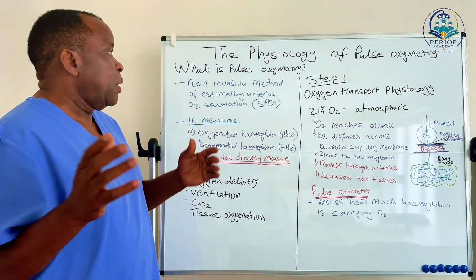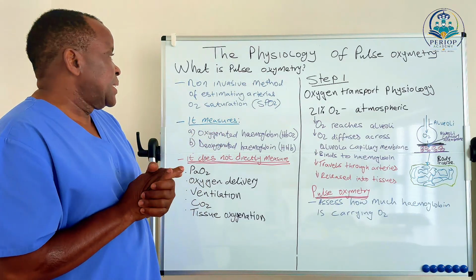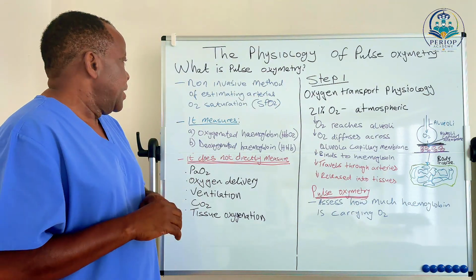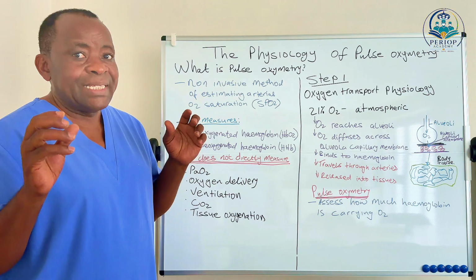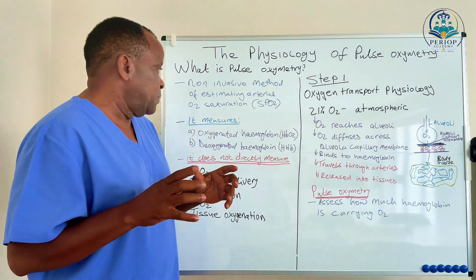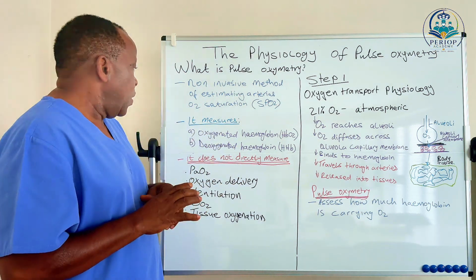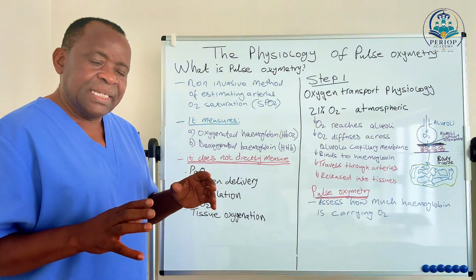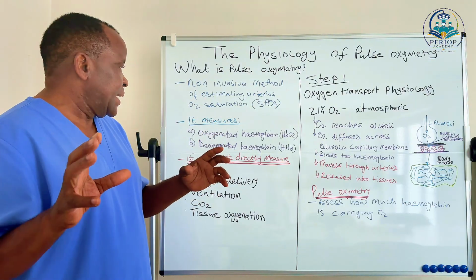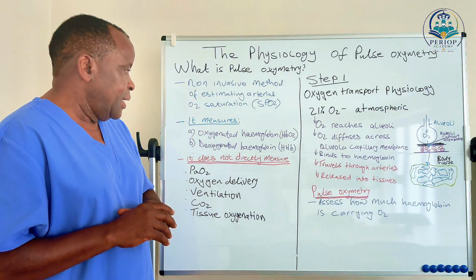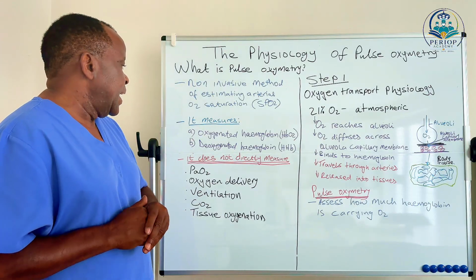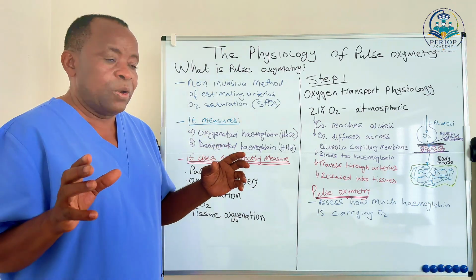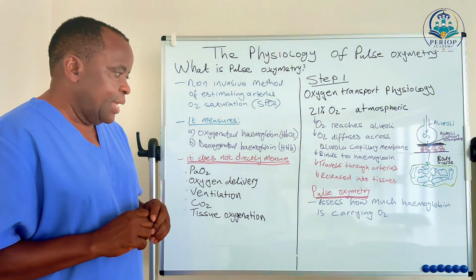So, what is pulse oximetry? Pulse oximetry is a non-invasive method of estimating arterial oxygen saturation in the individual's body. It measures oxygenated hemoglobin, HbO2, and also deoxygenated hemoglobin, HHb.